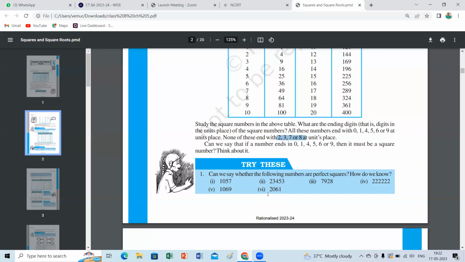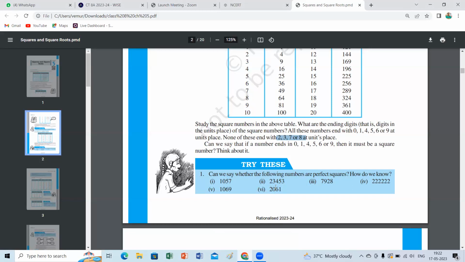So check with 2000, children. 20 20s are 400, 40 40s are 1600, 50 50s are 2500. So probably the number may lie between 40 and 50. Yes or no, children? 1600 and 2500. 2500 is very far off.